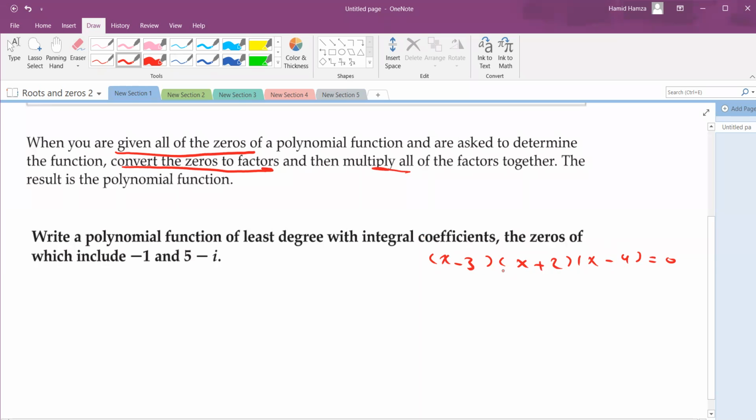After you factorize the equation and get these factors, we find the roots by taking the number from each bracket with a different sign. So it will be positive 3, negative 2, and positive 4.